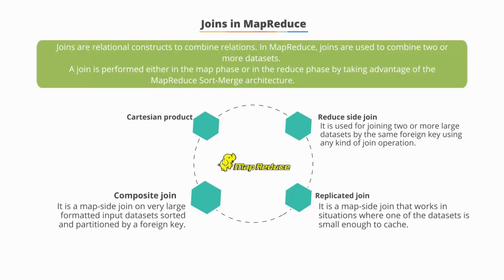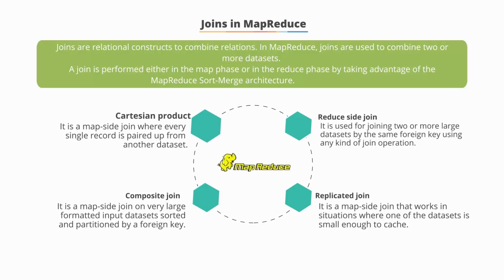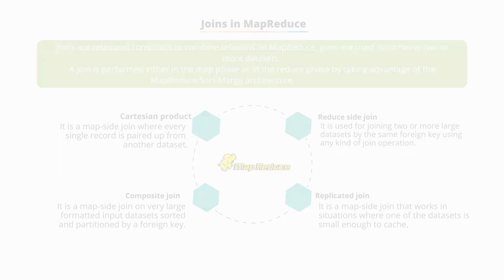A composite join is a map-side join used on very large formatted input datasets, sorted and partitioned by a foreign key. And lastly, a Cartesian product is a map-side join where every single record is paired up with another full dataset. This style of join typically takes a significantly longer period of time to execute.